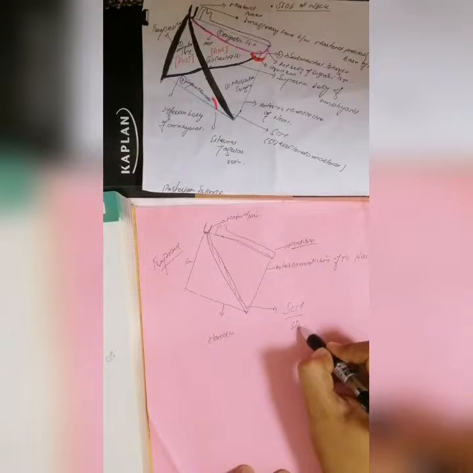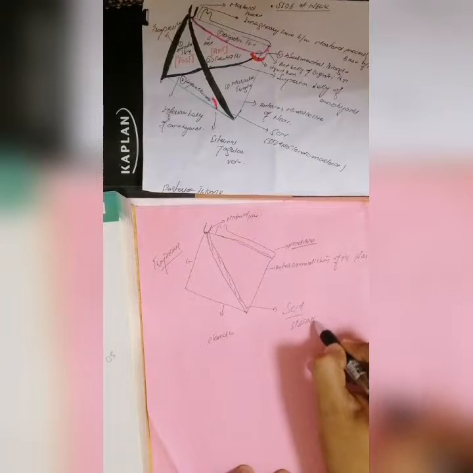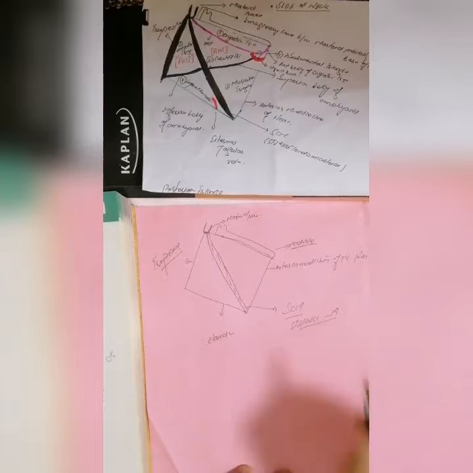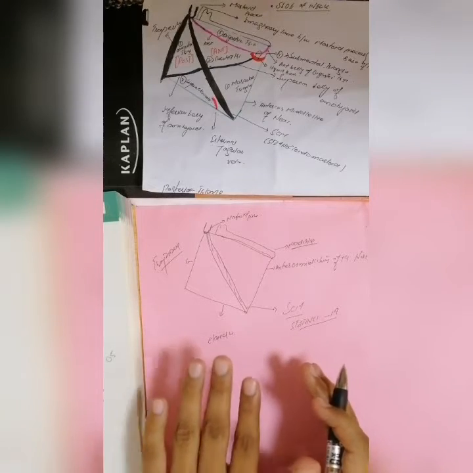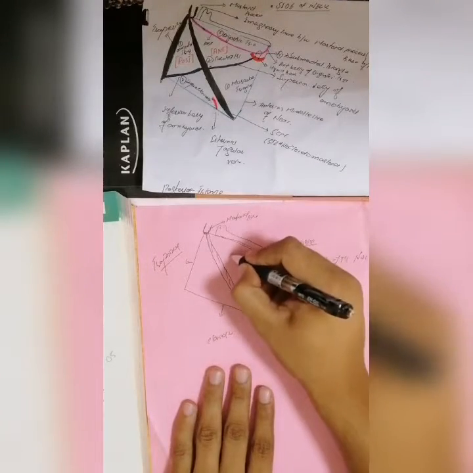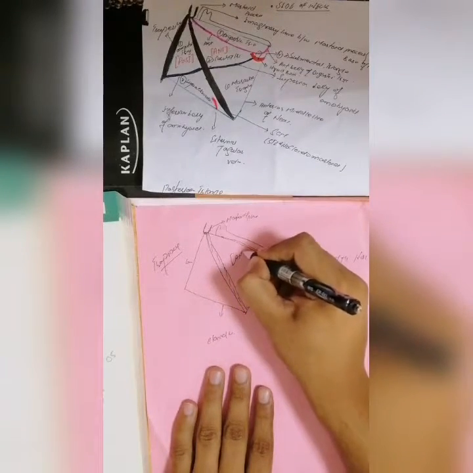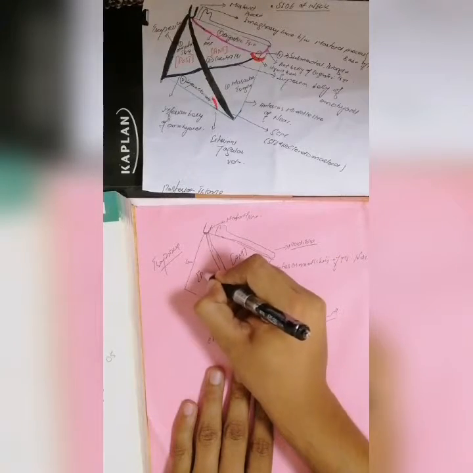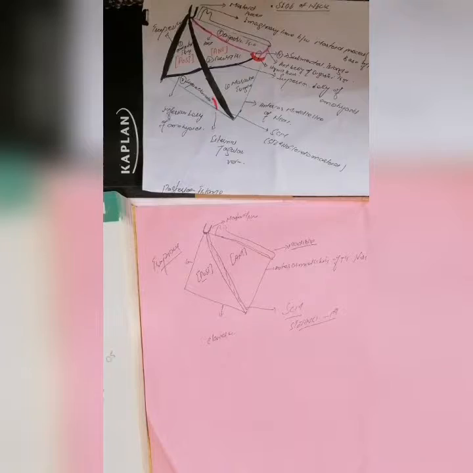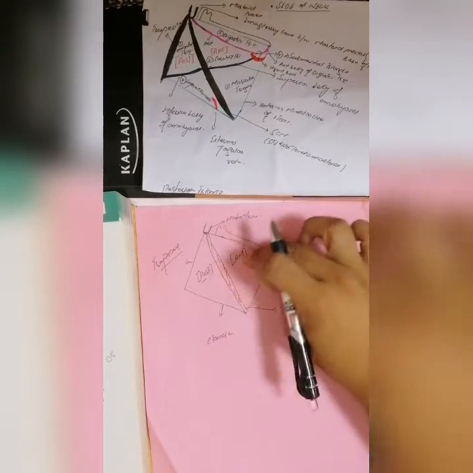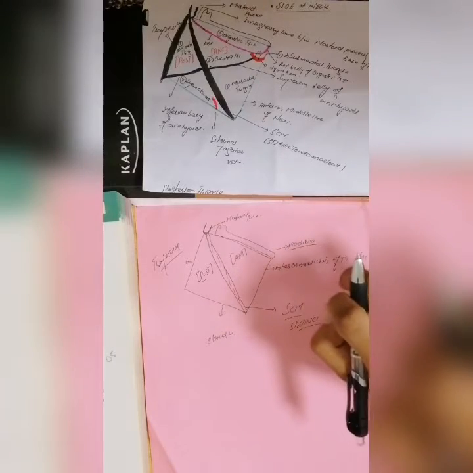SCM is sternocleidomastoid, right? It divides the neck triangles into the anterior triangle and the posterior triangle, right? It means here is the anterior triangle, here is the posterior triangle.